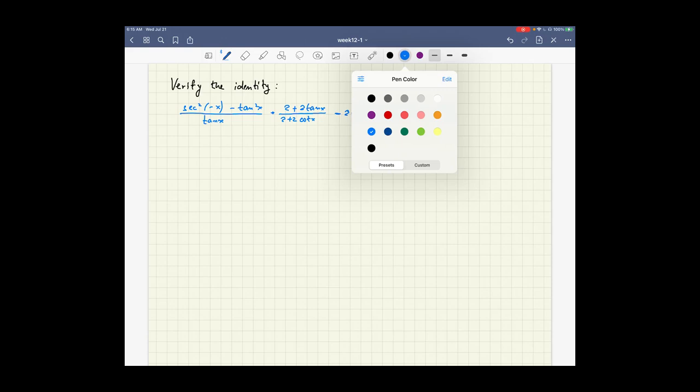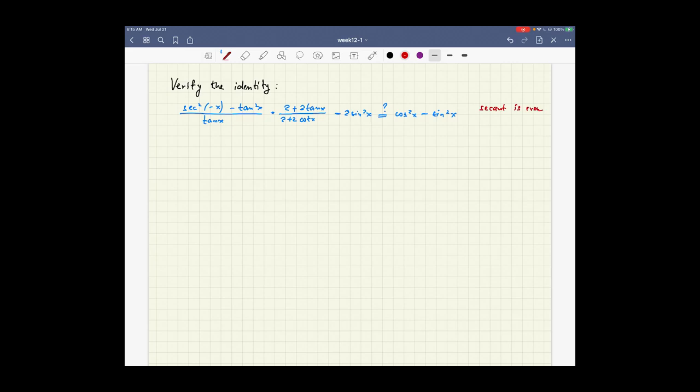Well, first of all, by the fact that secant is even, I can get rid of the minus here and put a plus.